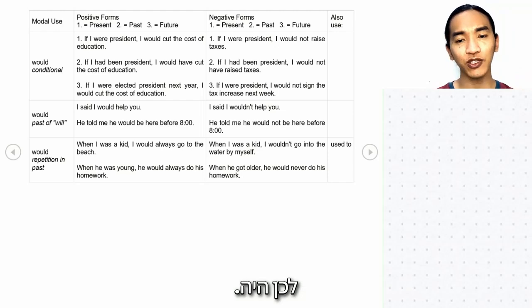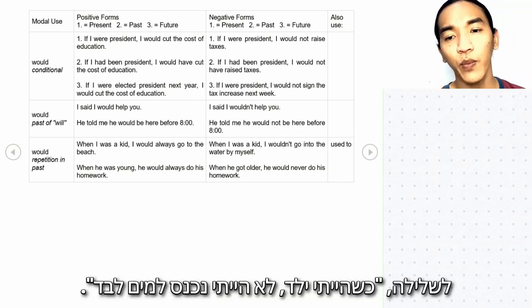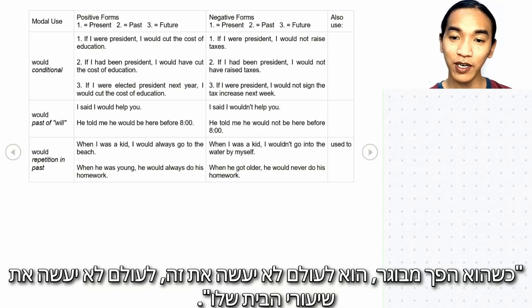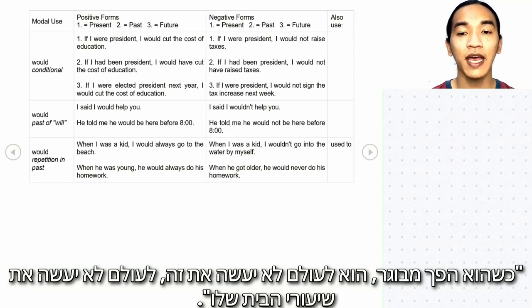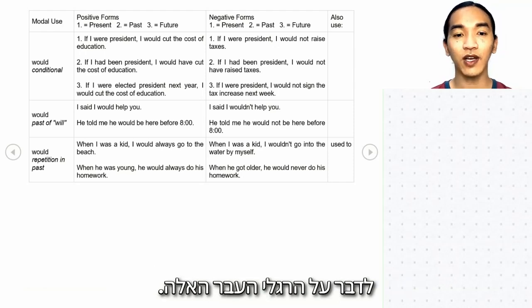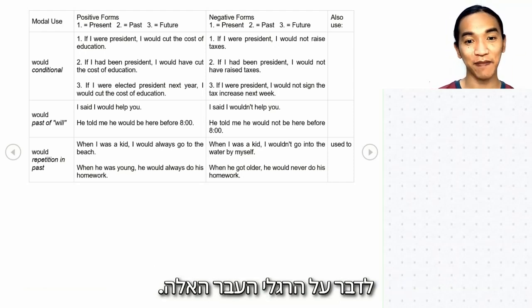So therefore, we could use would. For negative, when I was a kid, I wouldn't go into the water by myself. When he got older, he would never do his homework. So you can also use used to to talk about these past habits.